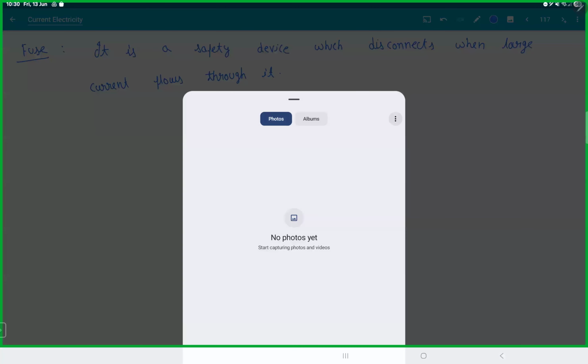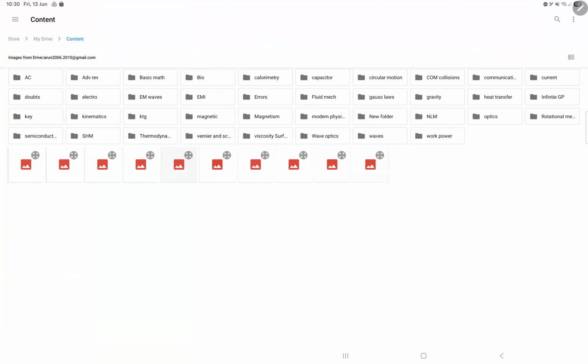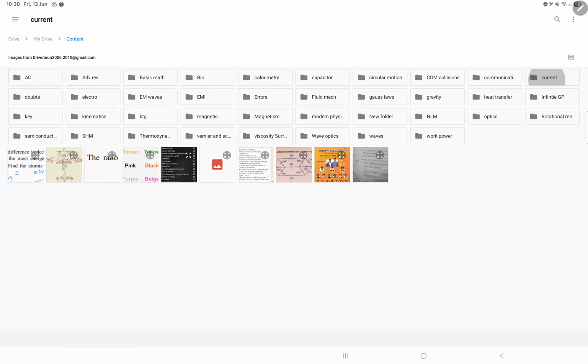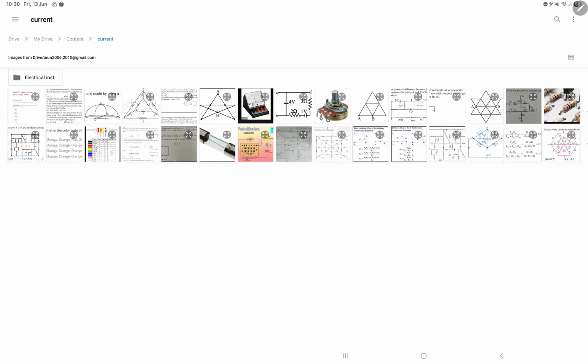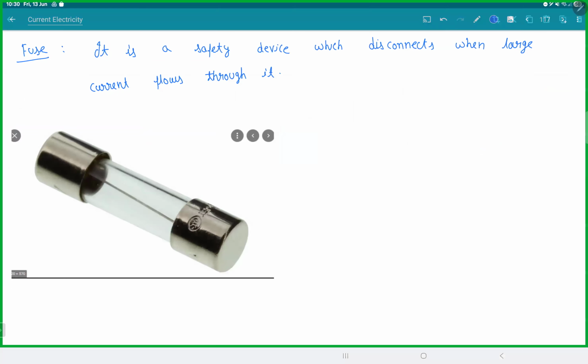So this is one of the fuses that you use for smaller devices. It would look like this. You can see the wire here. This is called a fuse wire. So the idea is this: when a large current flows through this wire, it will melt. If the wire melts, the circuit gets disconnected. So the whole power supply to the house goes off.